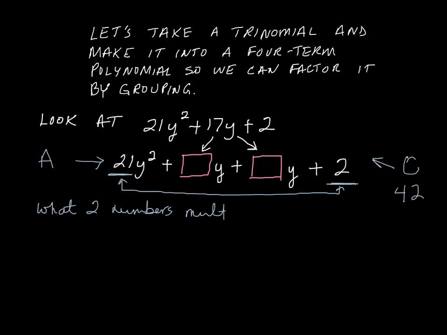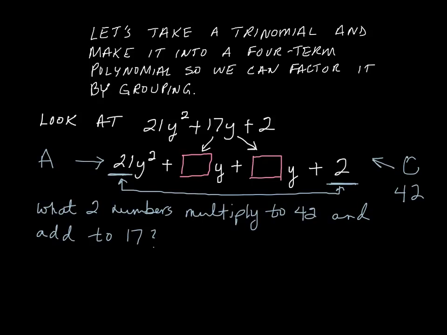multiply to 42 and add to 17. What two numbers multiply to 42 but add to 17?